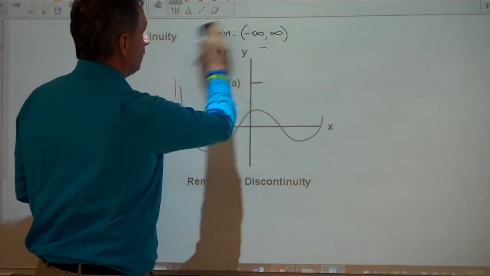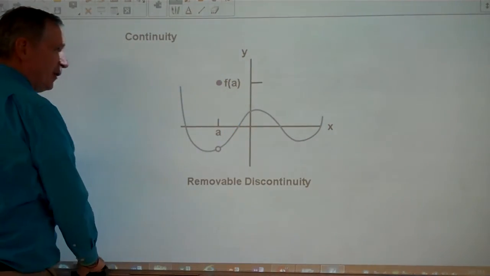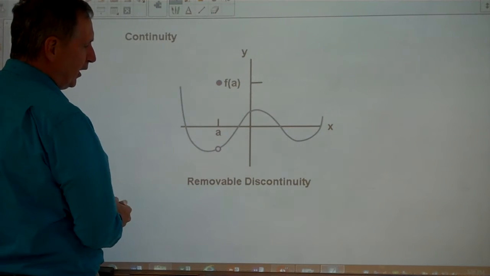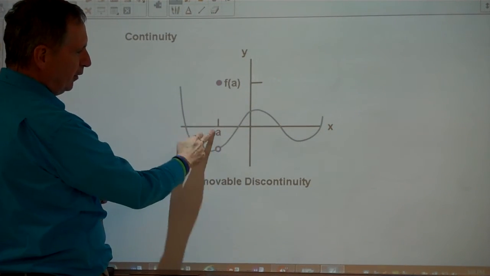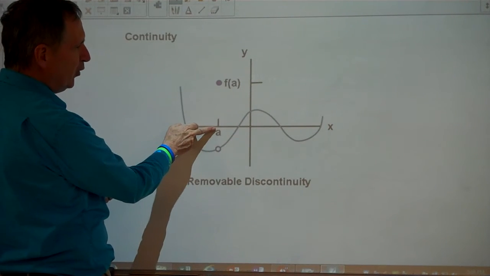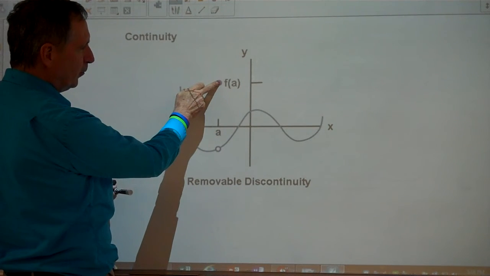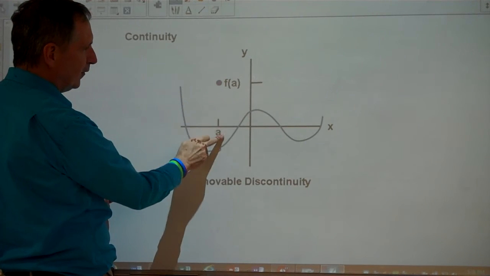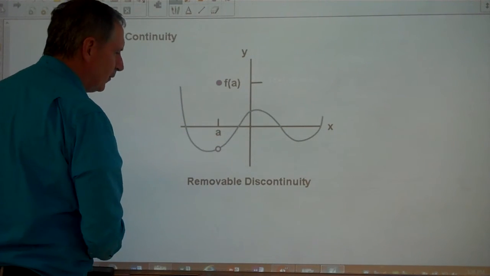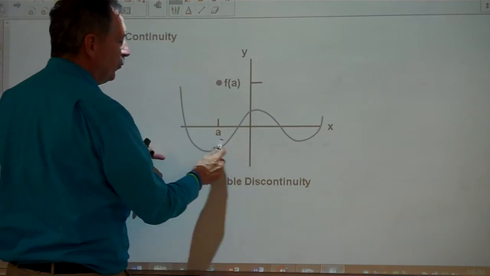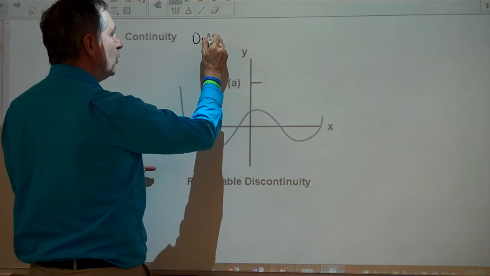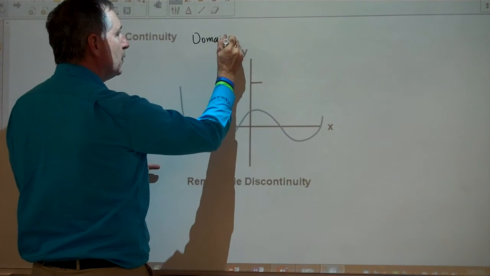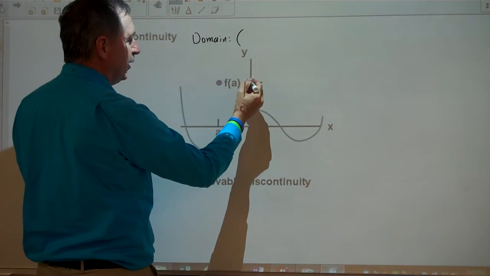Next, we have a removable discontinuity, and here the function looks like the last one, except right here at our input value of a, but we have f of a defined, so our domain will be defined over its entirety, just like the last one, but it will not be continuous.